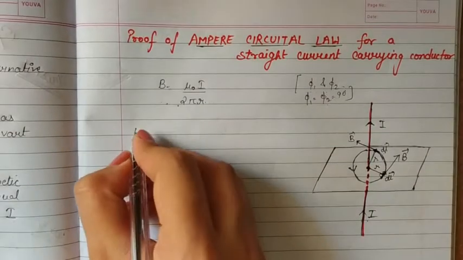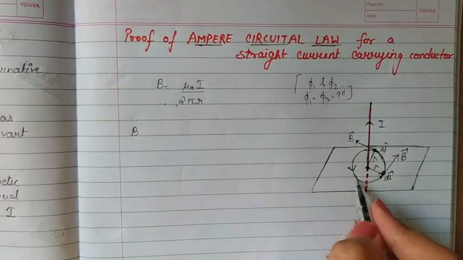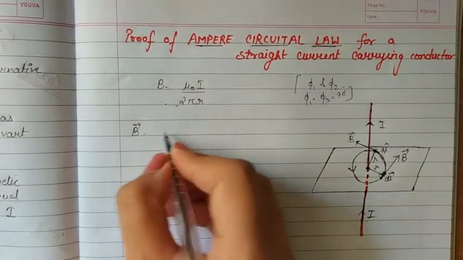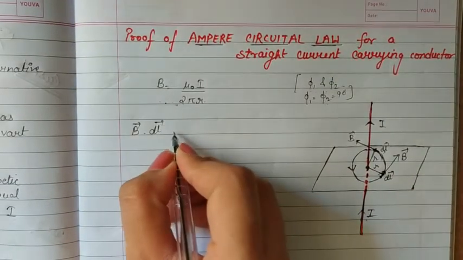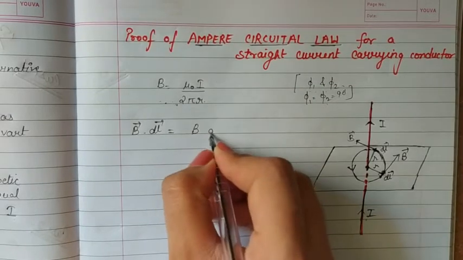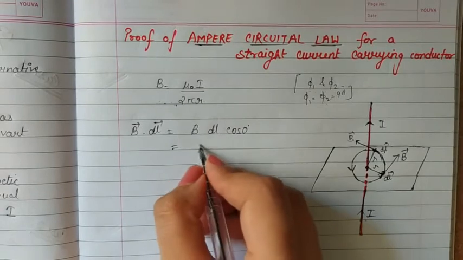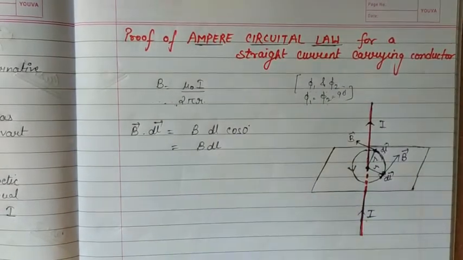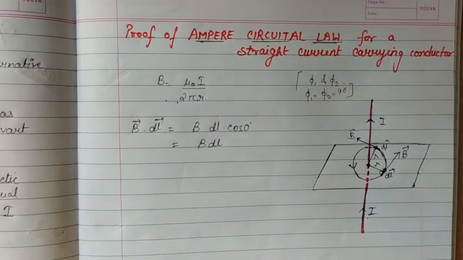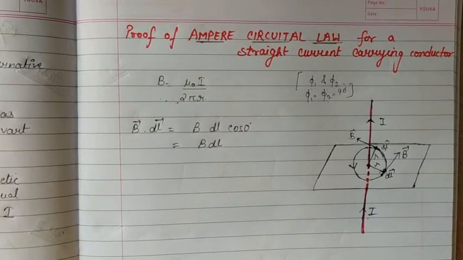So for any point on that circle of radius r, B vector dot dl vector will be equal to B dl cos 0, and cos 0 is equal to 1, so B dot dl is equal to B dl. Now this is the dot product of B vector and dl vector.